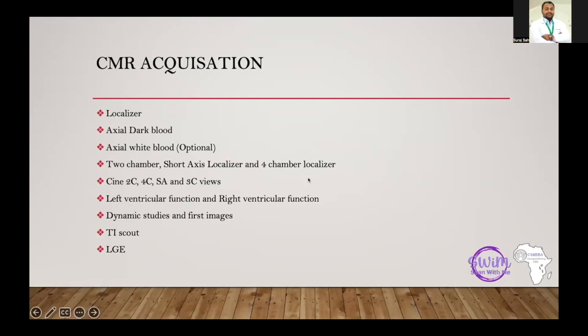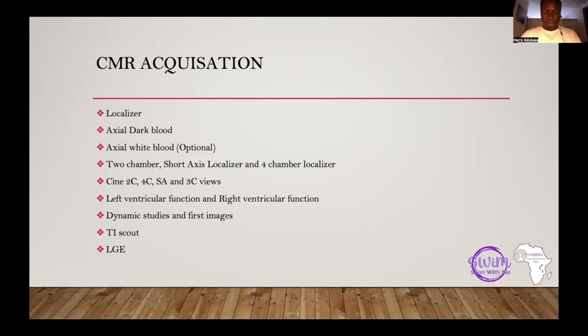Now, if you have done this localizer, it is this localizer you then use to plan the same two chamber, four chamber, short axis, and three chamber of the cine. Like I said earlier on, the cine is just a compact of images, piling up images in diastolic and systolic function, and then you can scroll through them to know what exactly is going on in the heart.